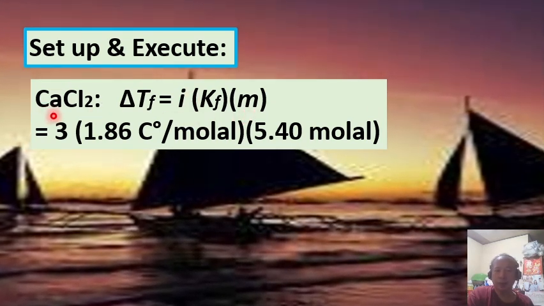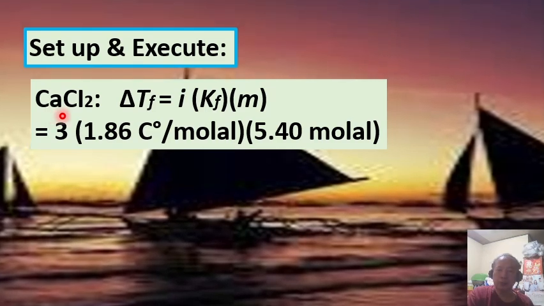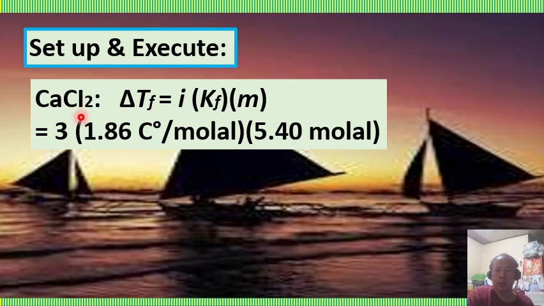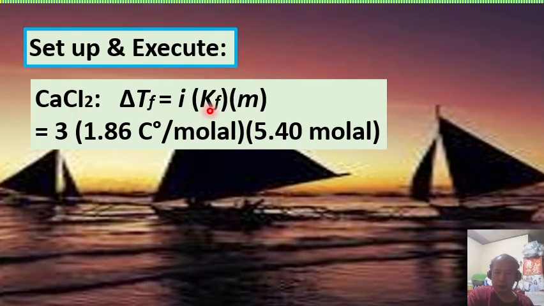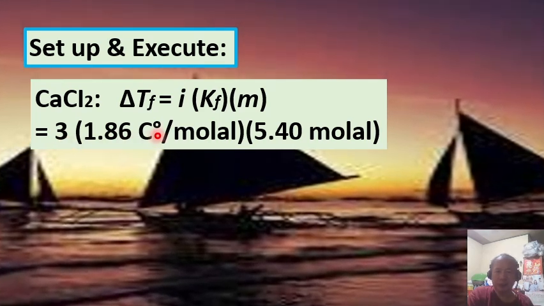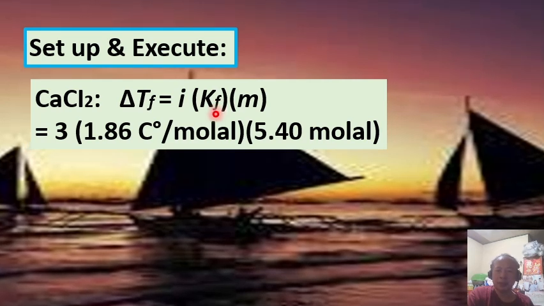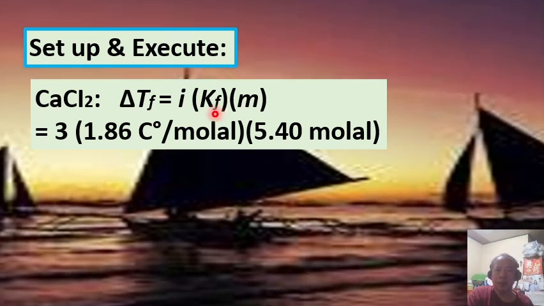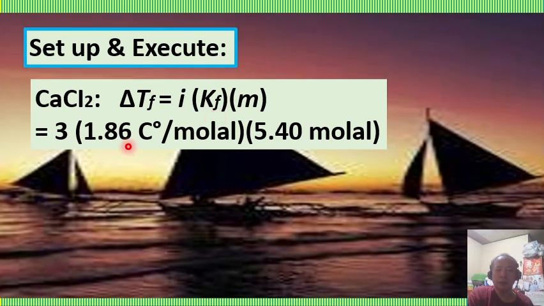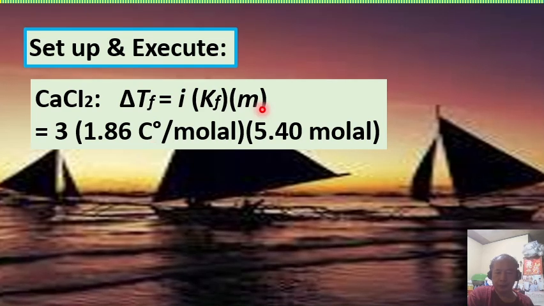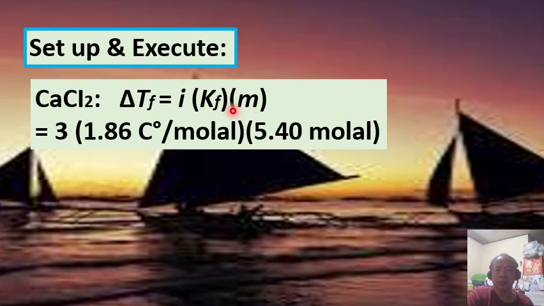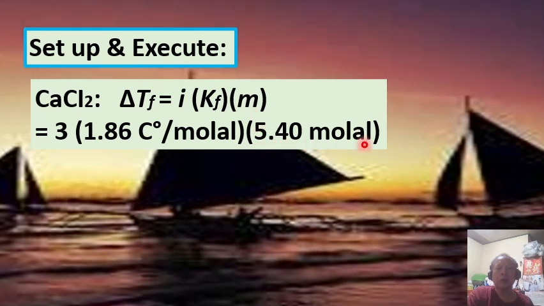One positive calcium ion and 2 negative chloride ions, for a total of 3, right? 1.86 Celsius degree per molal, of course, is the freezing point depression constant of water. And of course, the computed molality for calcium chloride obtained earlier equal to 5.40 molal.